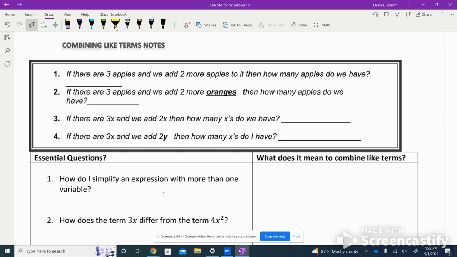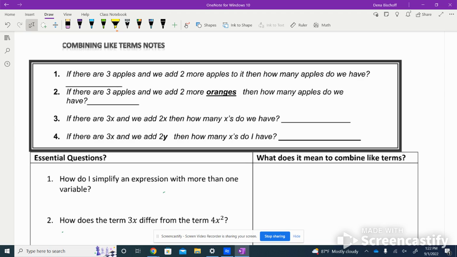Yeah. Do you guys remember combining like terms? Yes or no? Yeah. So combining like terms means that I can only add them if I have the same variable. Yeah. 3x and 2x equals 5x. Okay? Does that make sense?